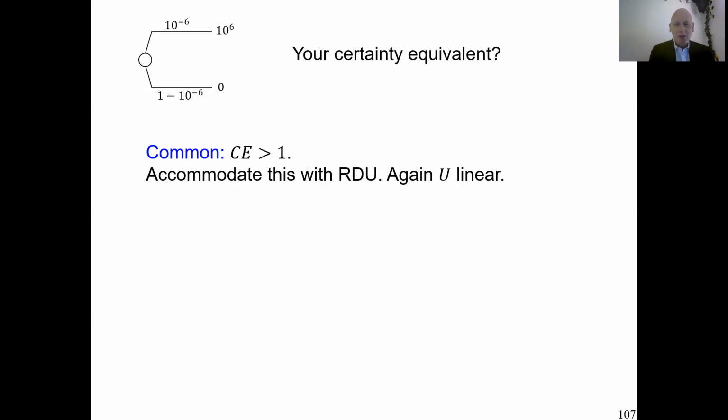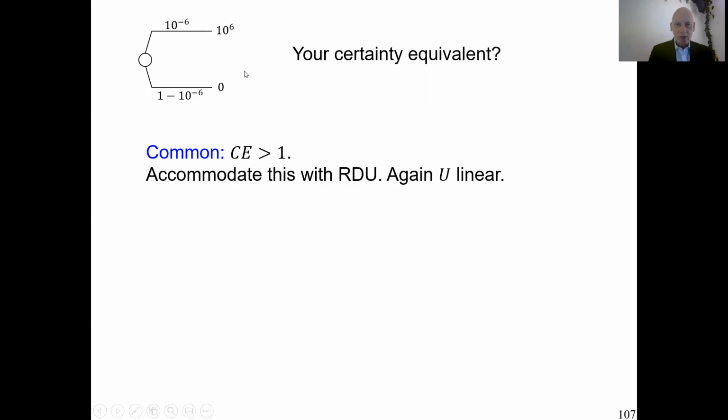Okay, I assume you stopped working on it. Let me tell you the solution I have in mind. This prospect is preferred to 1 for sure. The rank-dependent utility of this prospect: the best outcome is 1,000,000, so we take the decision weight of that outcome, its probability at the best rank, which is just W(10^-6). So the rank-dependent utility is W(10^-6) times 10^6.